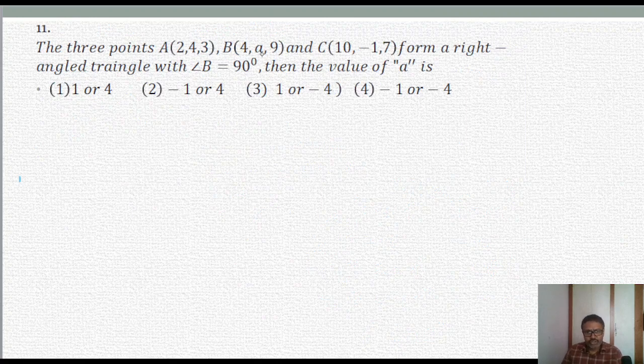The 3 points A of 2, 4, 3, B of 4, a, 9 and C of 10, minus 1, 7 form a right angle triangle. Okay, let us draw the figure here.